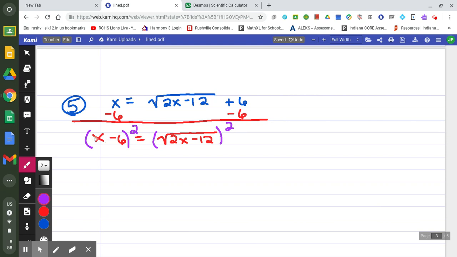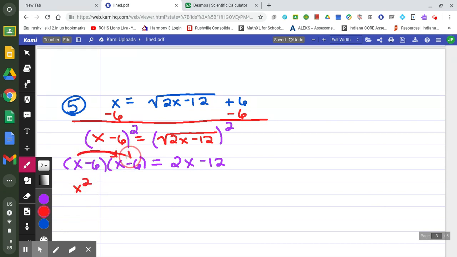Well, when you have a binomial like this, x minus 6 squared, it's actually x minus 6 in parentheses times x minus 6 in parentheses. And then when you square a square root, you get rid of the radical sign. And so on this side of the equal sign, we're going to have to FOIL. So the x times x gives me x squared.